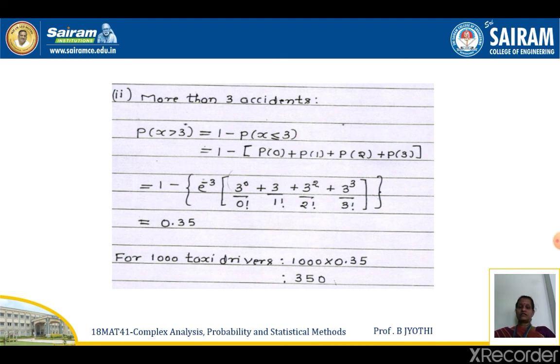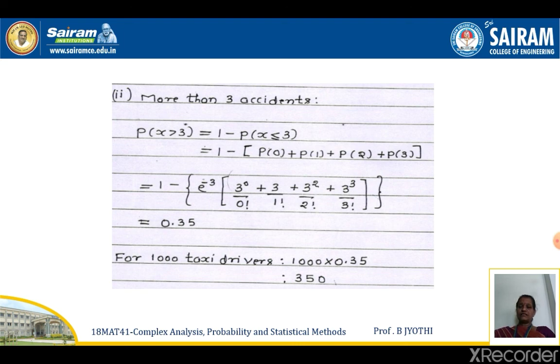Coming to the next. In this category, out of 1000 taxi drivers, how many will be committing more than 3 accidents? But here the formula is not directly applicable. Let us find out the p value first, then let's multiply with 1000.